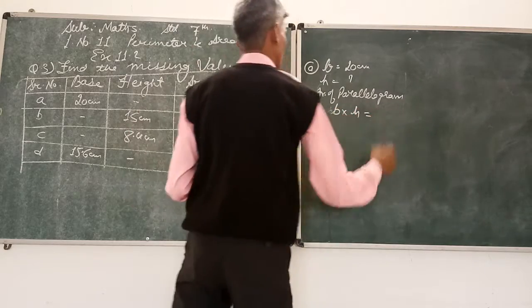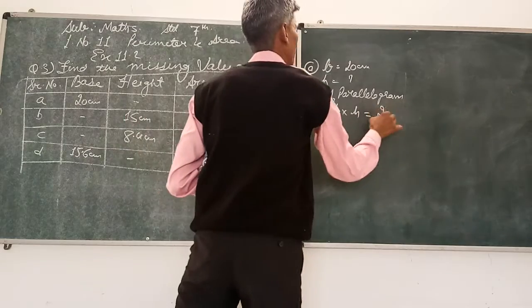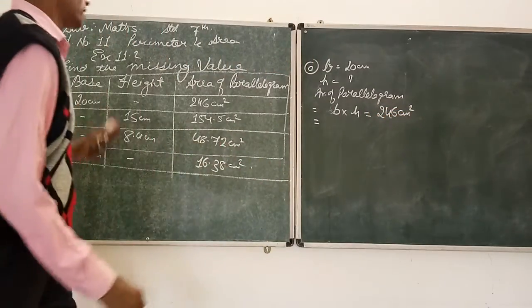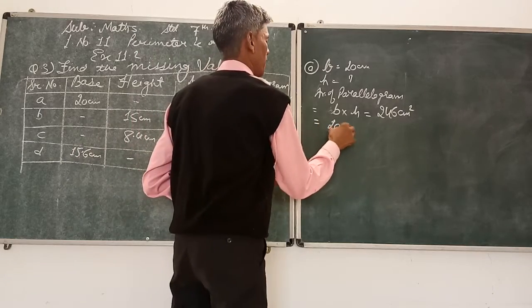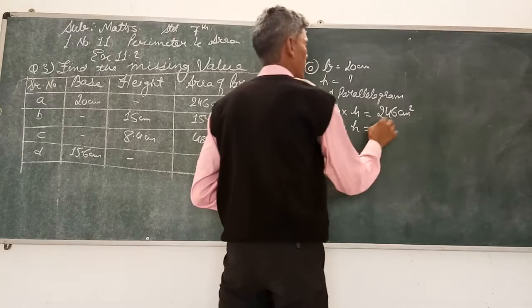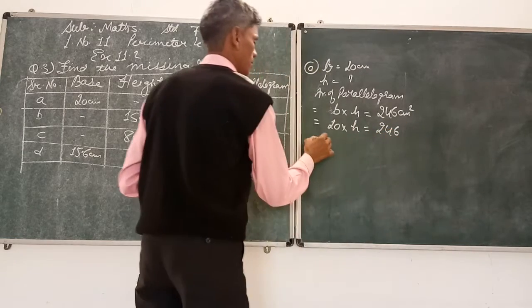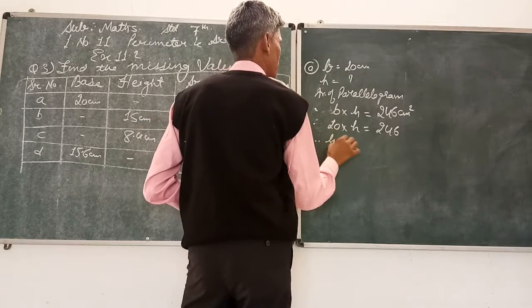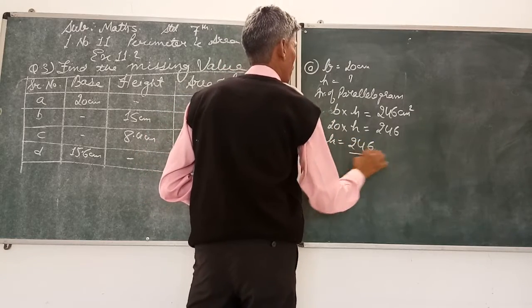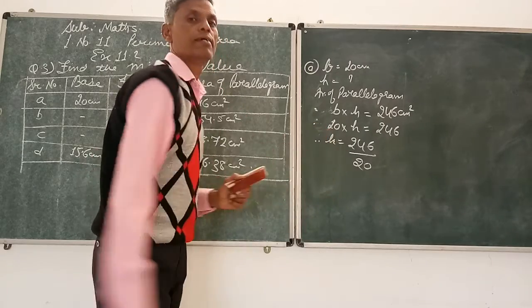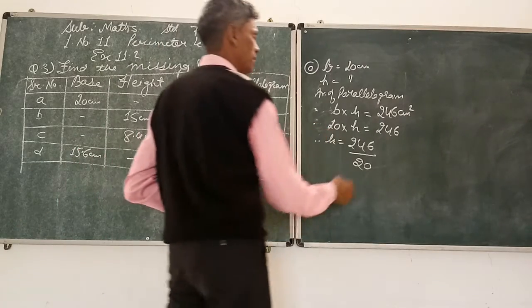Here area is 246 centimeter square. Base is given 20 centimeter, height is not given. 246. Therefore, H is equal to 246 upon 20. It is in multiplication form, so it will come as a denominator on the other side.